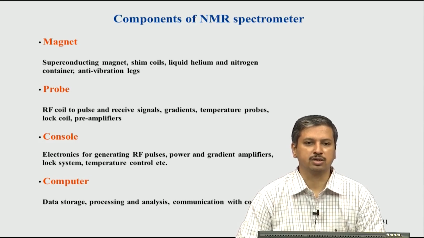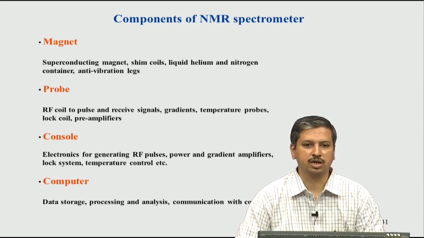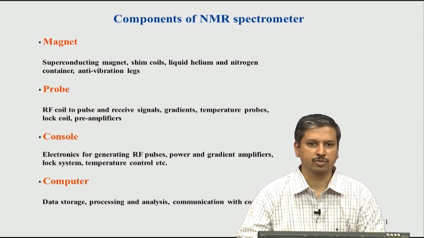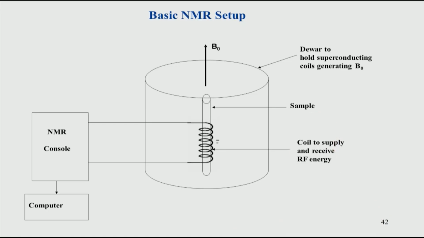Finally, all the data collected by this hardware is, after digitization, stored in the computer, where we process and analyze the spectrum. So, let us go one by one through each of the components.